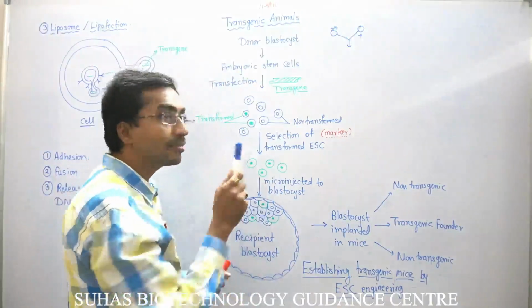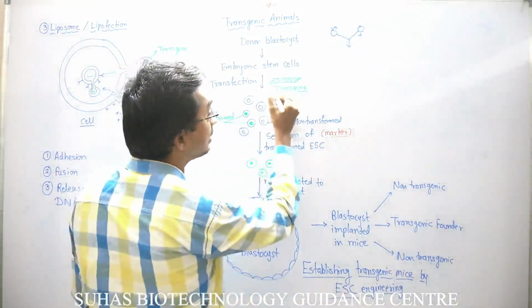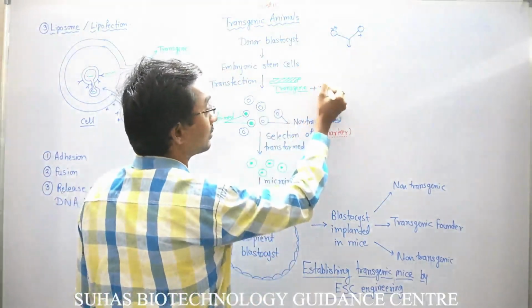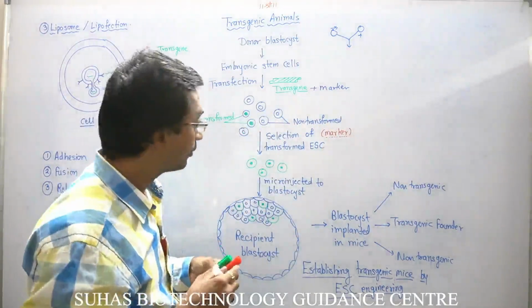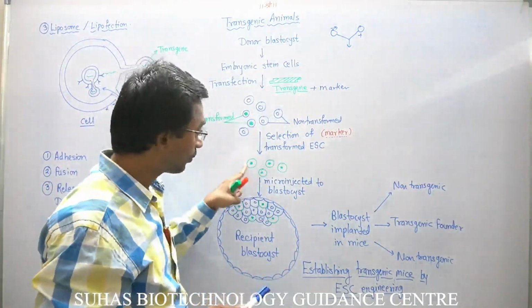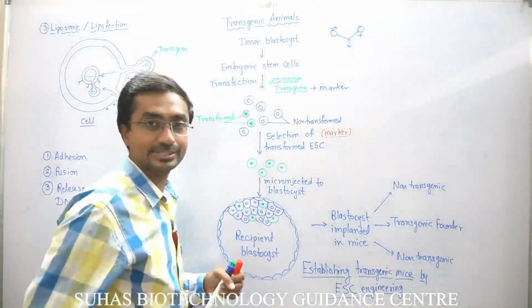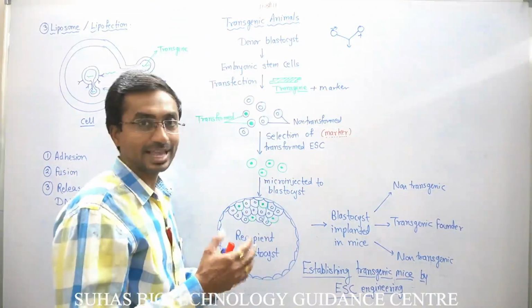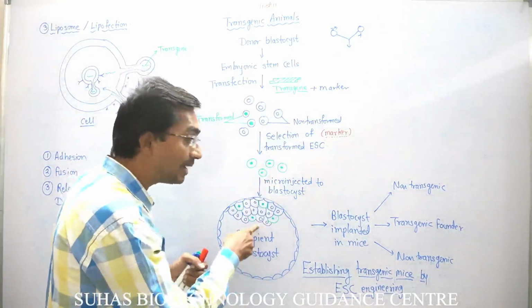The transformed are selected on the basis of the marker, because along with this transgene we also have a marker, and from the marker we will select the transformed, and you can see only transformed are there, and these transformed cells are grown like a cell line, and they are microinjected in the blastocyst.